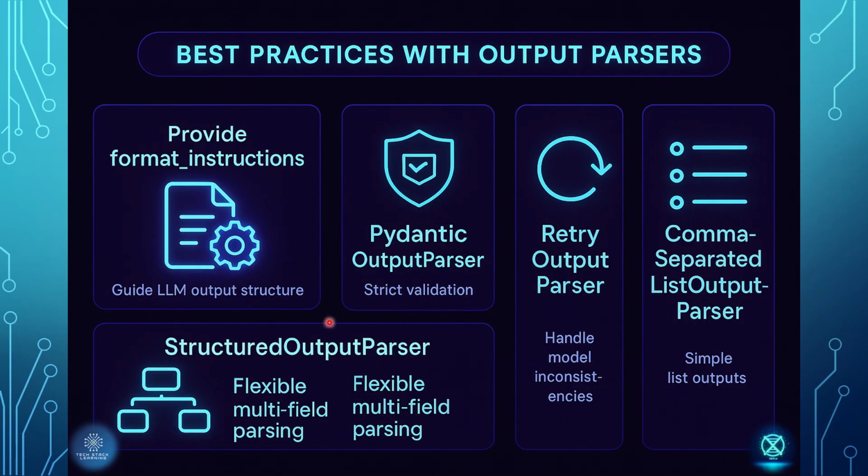Then you can wrap your parser with a retry output parser to handle model inconsistency. For simple lists, always use the comma separated list output parser. These are the best practices you can follow when using the output parsers.